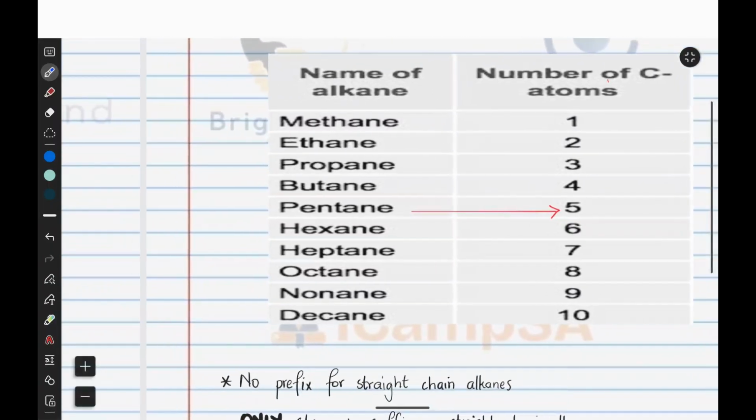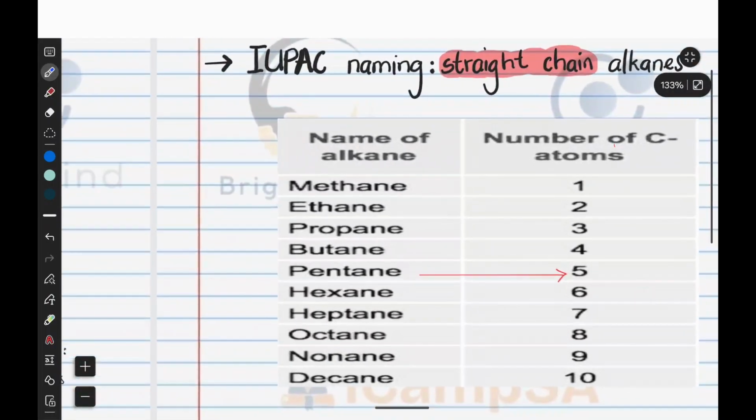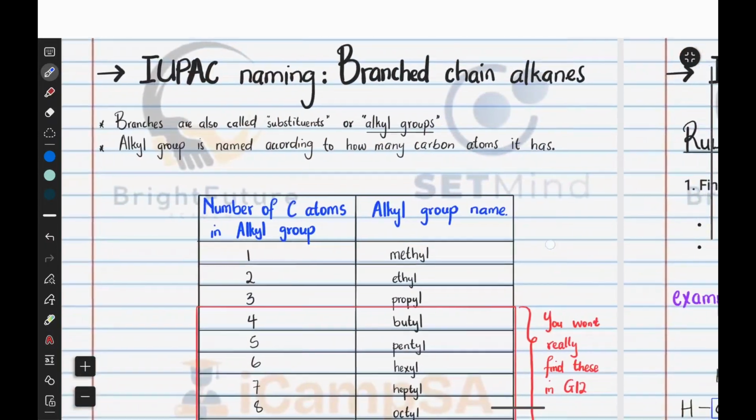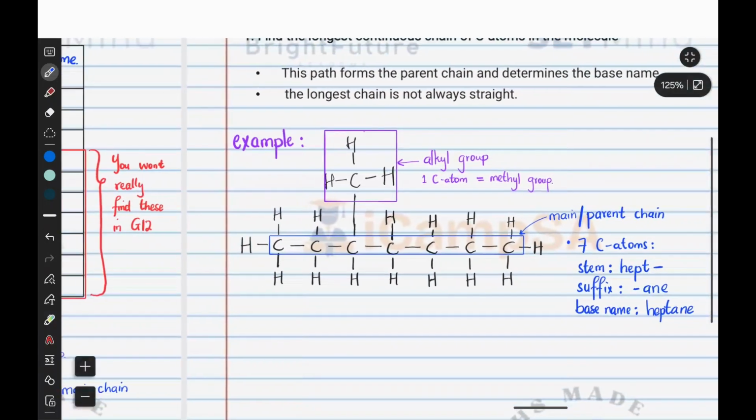We first name the longest chain the same way we would name a straight chain alkane. Since this long chain has 7 carbon atoms, we take a stem that corresponds to 7 carbon atoms, and then the suffix of the organic compound we're dealing with, which is A and E in this case, to form the base name for the alkane. So it will be heptane for this chain.